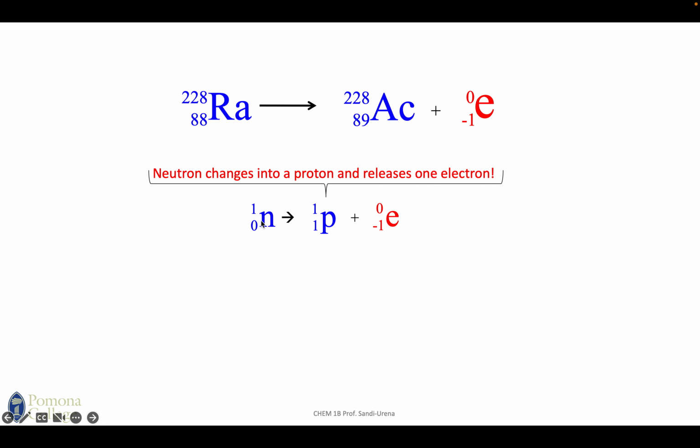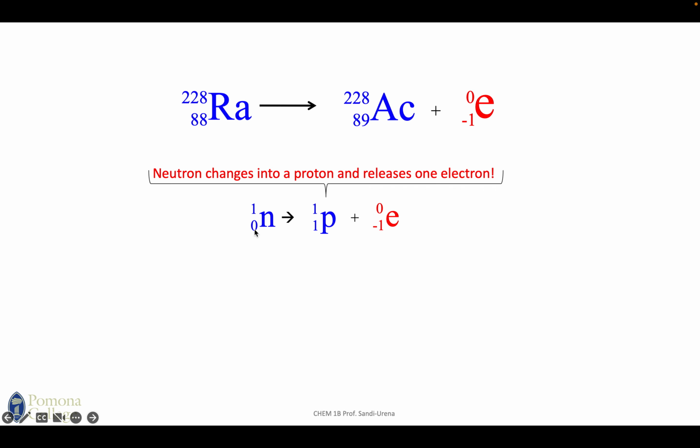So 1 neutron in the nucleus is converted into 1 proton and 1 electron. And again, you see the sum of the atomic masses on the left and the right are the same. 1 on the left, 1 plus 0, 1 on the right.